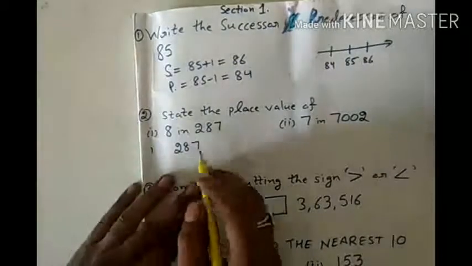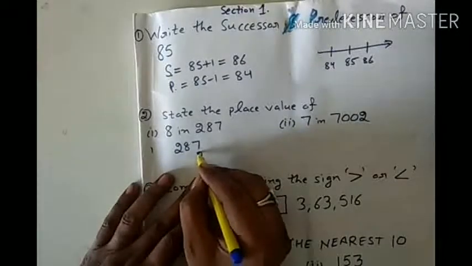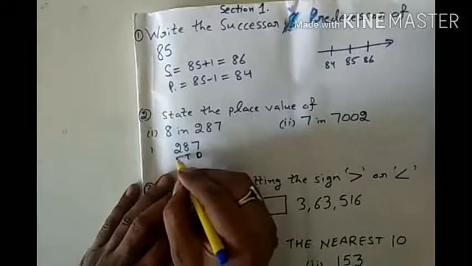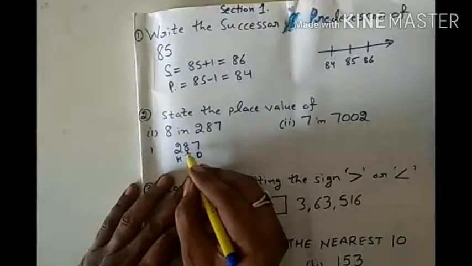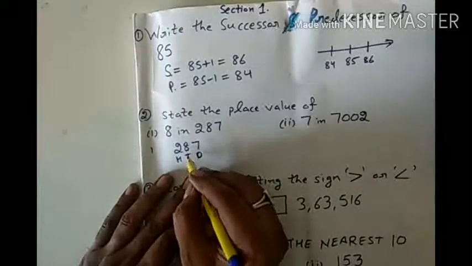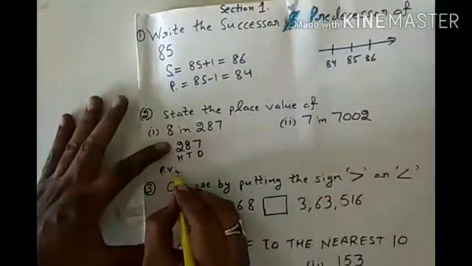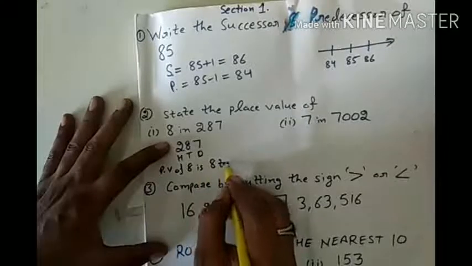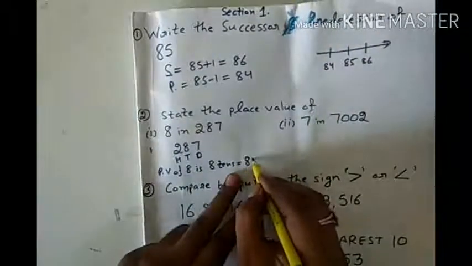So we will see that 7 is on the ones place, 8 is on the tens place, and 2 is on the hundreds place. So what is the place value of 8? The place value of 8 is 8 tens. It means 80.